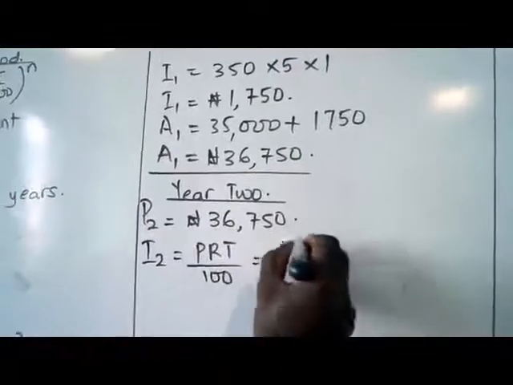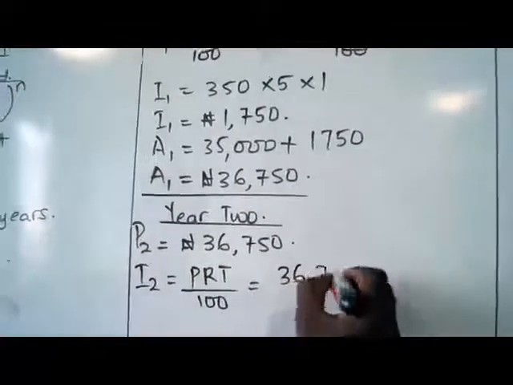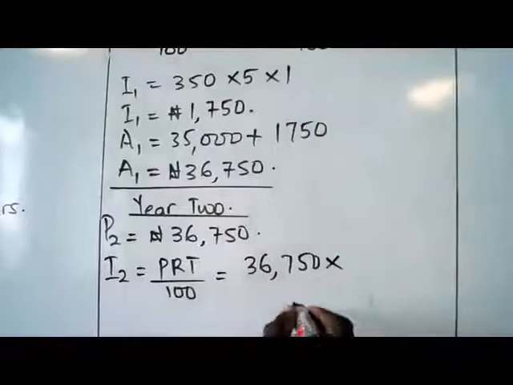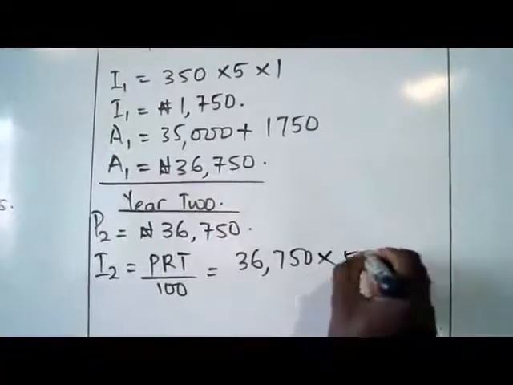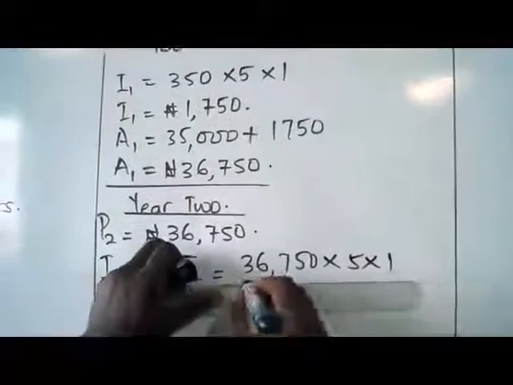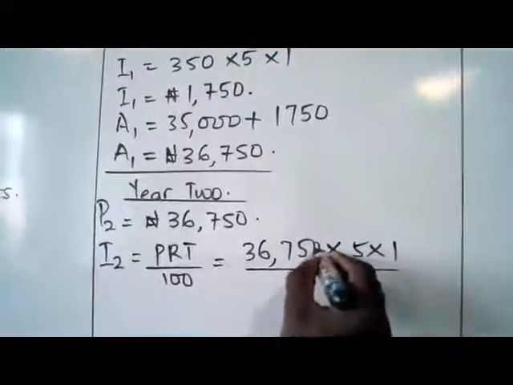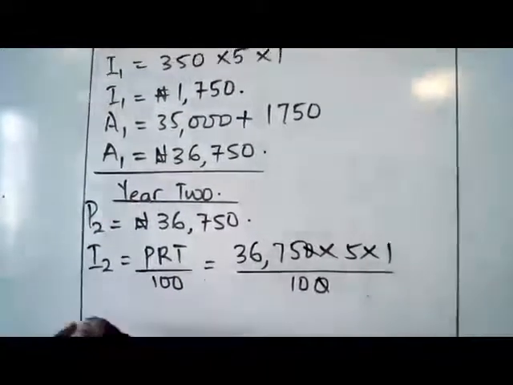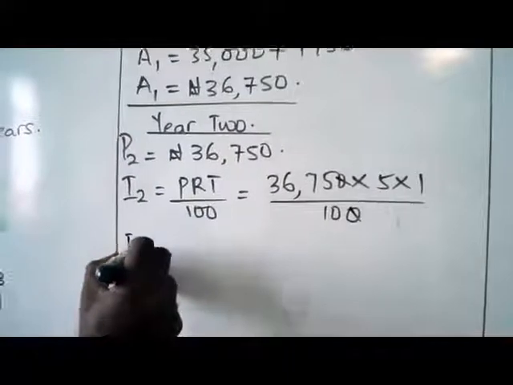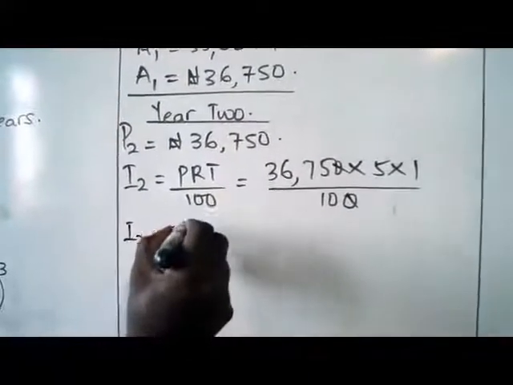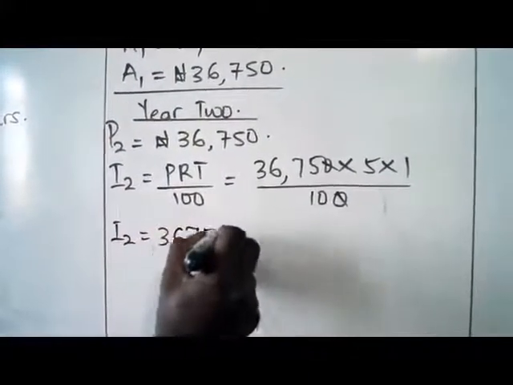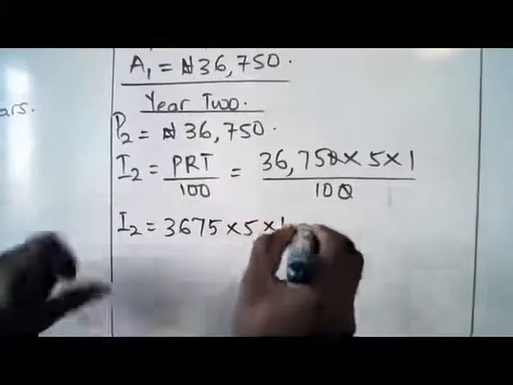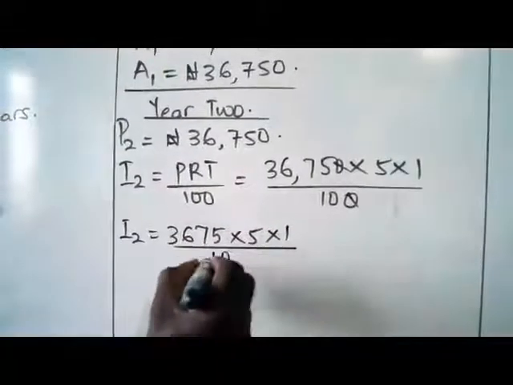Your new principal is 36,750 times your rate, which is 5, and times 1. You divide this by 100. We can cut this off from here. So what we have left is the interest for the second year is 3,675 times 5 times 1, all divided by 10.